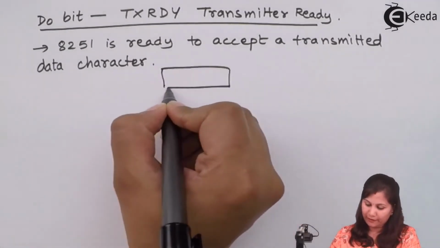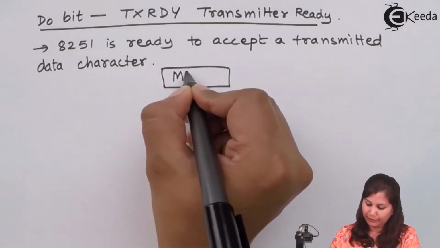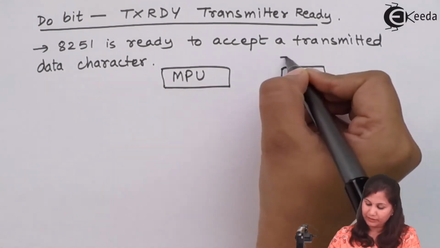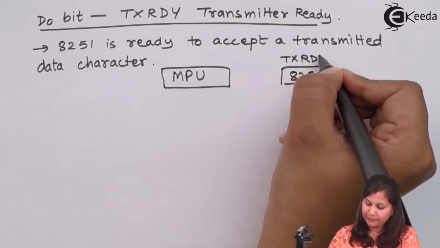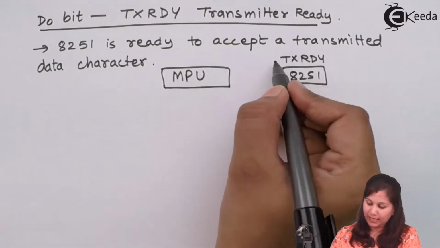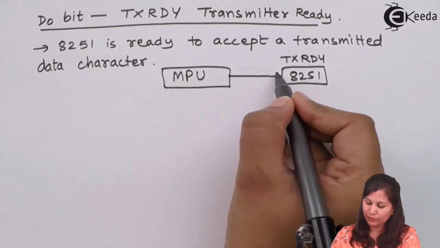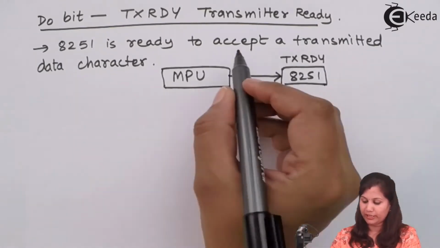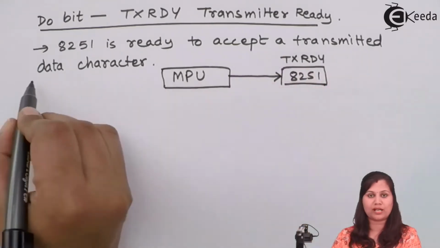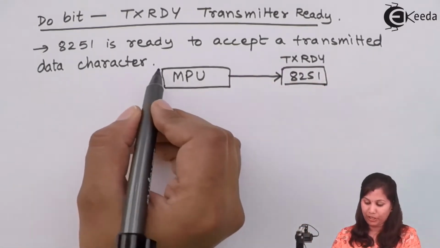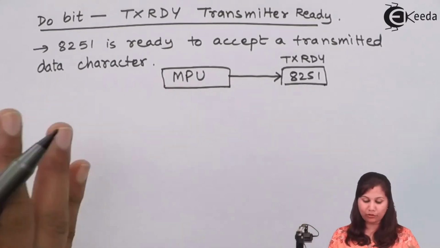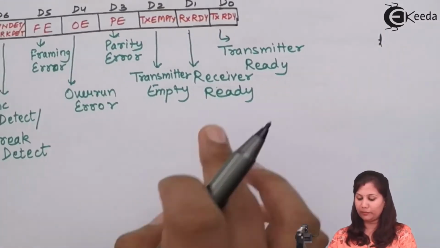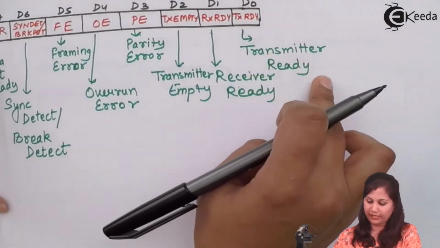Suppose we have the microprocessor and the 8251 with the pin TXRDY. When this pin is high, it means the microprocessor is going to transmit the data to the 8251, which is ready to accept the transmitted data character. This pin can be set or reset by using the status word D0 bit, transmitter ready.